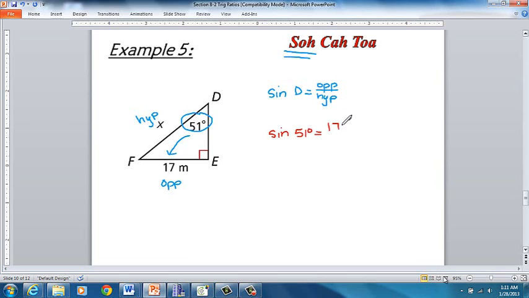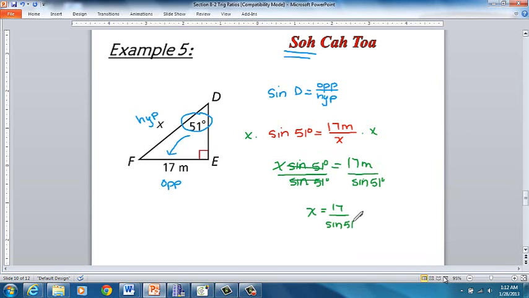The sine of 51 degrees is 17 meters over x. So I'm going to get x out of the denominator, multiply both sides by x. And then since I'm trying to get x by itself, I will divide by the sine of 51 degrees.